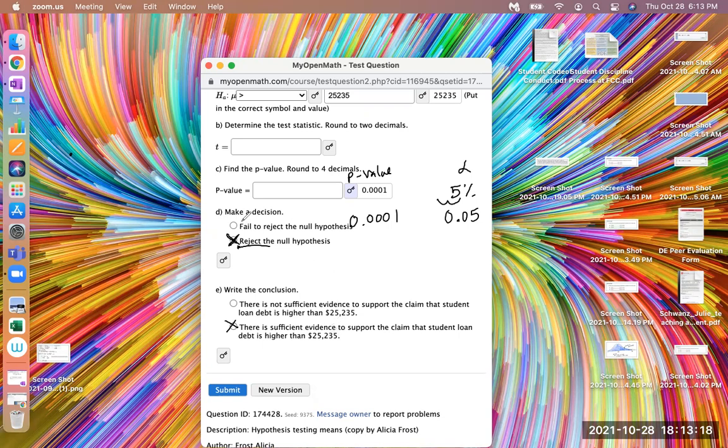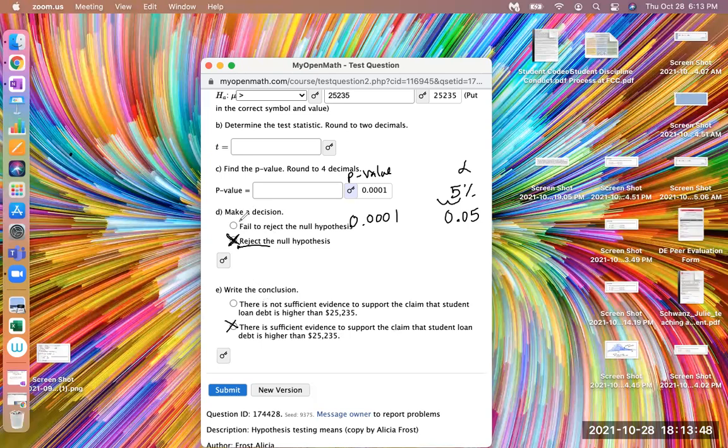And then when they say failed to reject, like you said, if the p-value was greater than alpha, then what they're telling us is this sample is pretty common if the null hypothesis is true and it's not evidence against the null hypothesis. And so we would not reject the null hypothesis. And because we're not rejecting the null hypothesis, we would say there's not sufficient evidence.